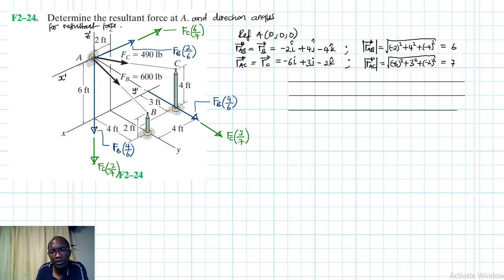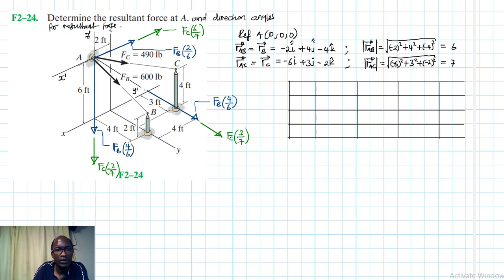Alright, how many forces do we have? We have 2, so 1, 2, plus the resultant, right? Great, so there we go. So we have 1, 2, 3. Okay. There we go.